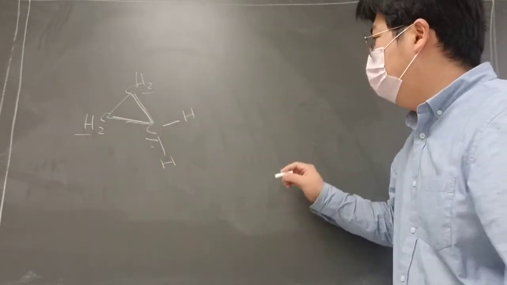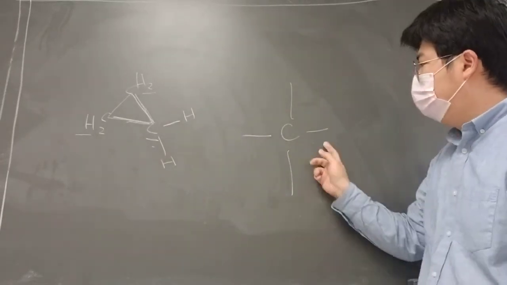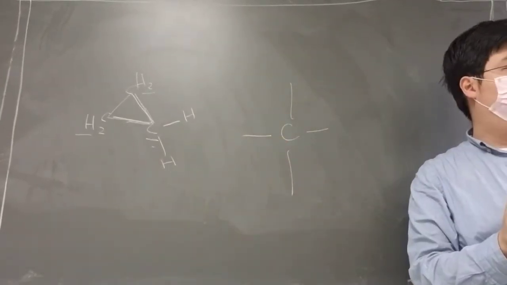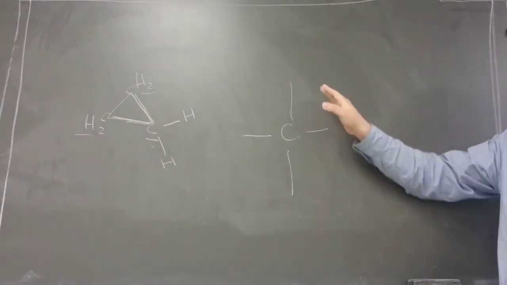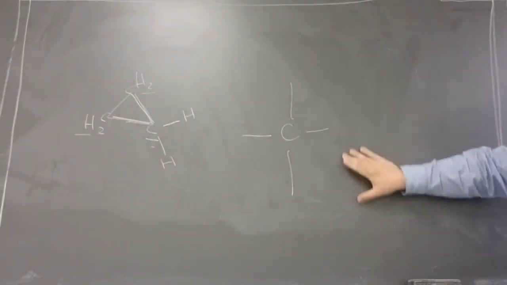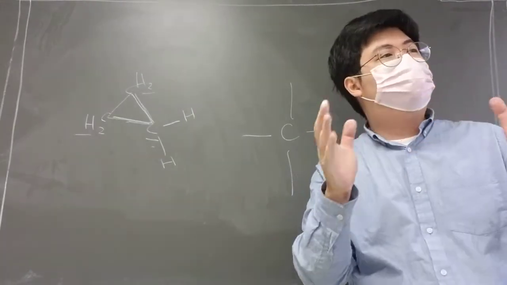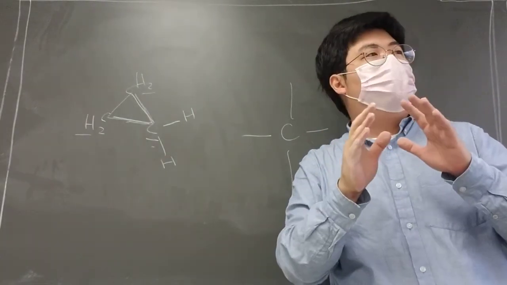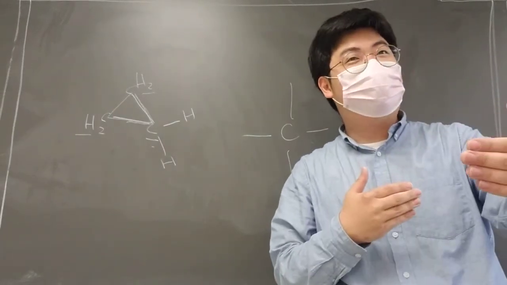If you draw the carbon with 4 single bonds, it looks like all the bonds are on the same plane, like the bonds you see on the plane of the blackboard here. But technically, when you think about space, that is not 2D space. Obviously, in reality, we live in 3D space, right?